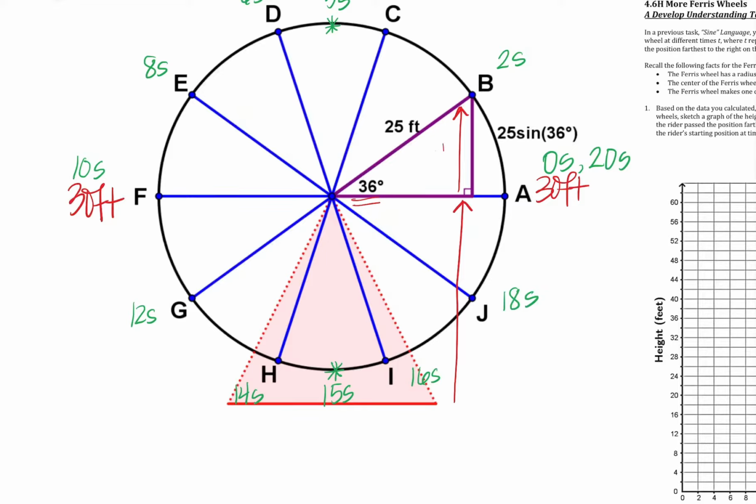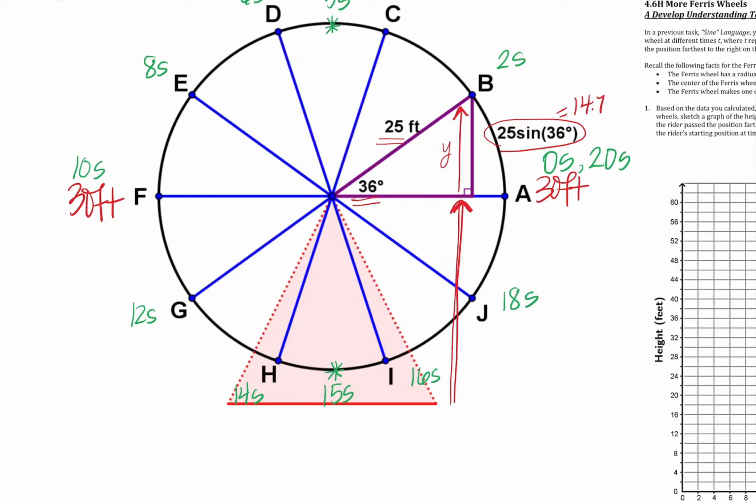The sine of 36 is opposite over hypotenuse. So if we think of the opposite side as y, the hypotenuse is 25, we can set up that ratio, solve for y, and be left with 25 sine 36. And if you plug that into your calculator, you should get 14.7. So we know the height to A is 30.